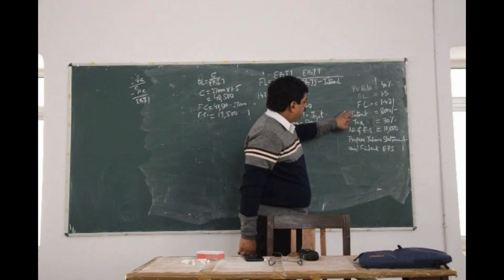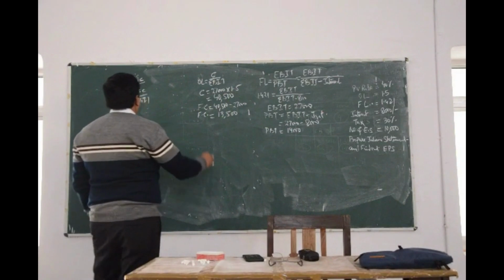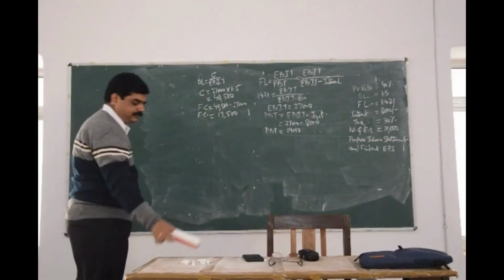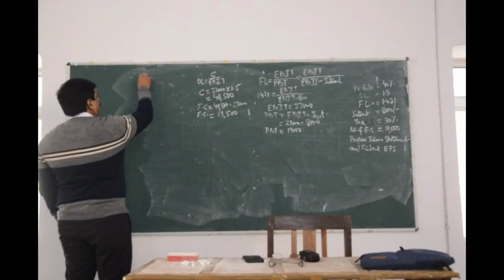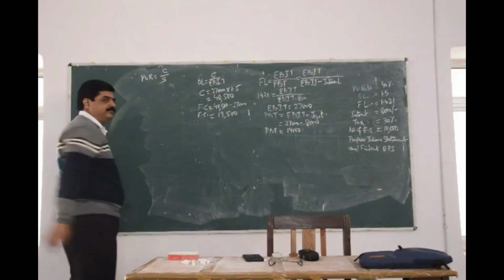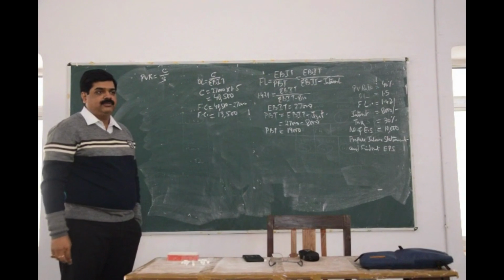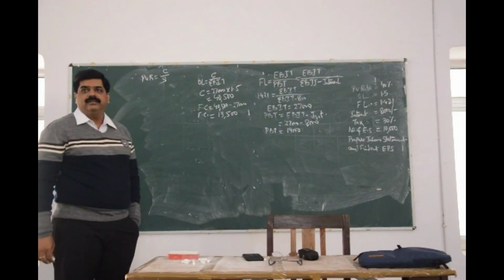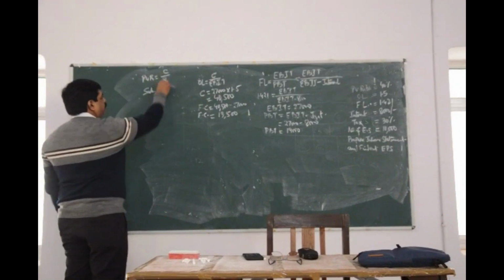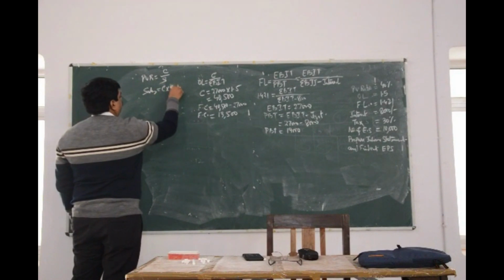Then we have the PV ratio. PV ratio is contribution upon sale, so we can derive the sale. Sales is contribution divided by PV ratio.